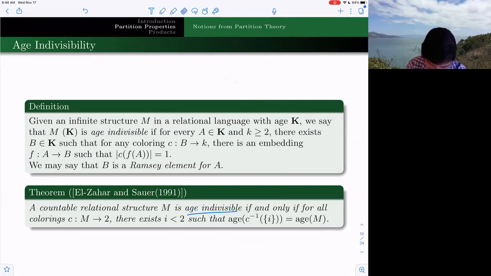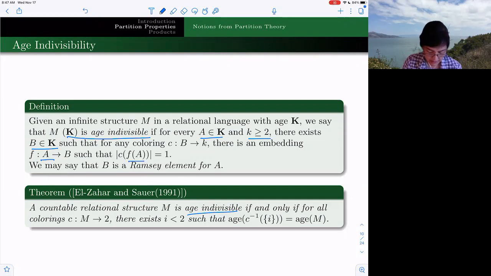So we take as our definition the following for age indivisibility. For every A and number of colors K, you should be able to find B such that no matter how you color the points from B with K colors, you can embed A into B in some way so that the image lands in one color.